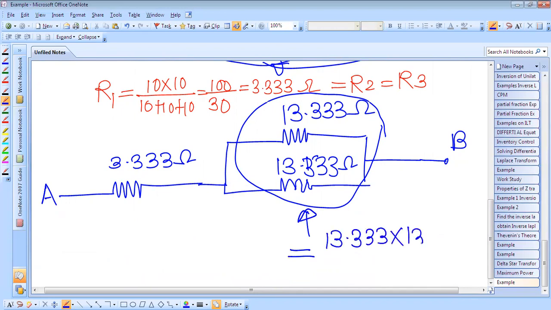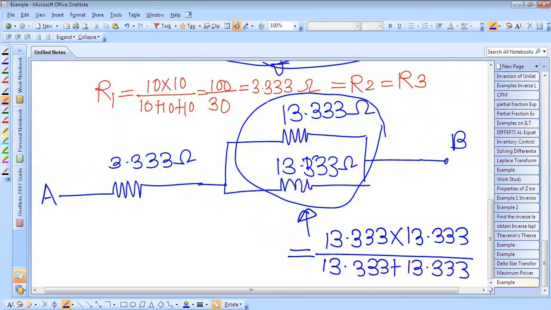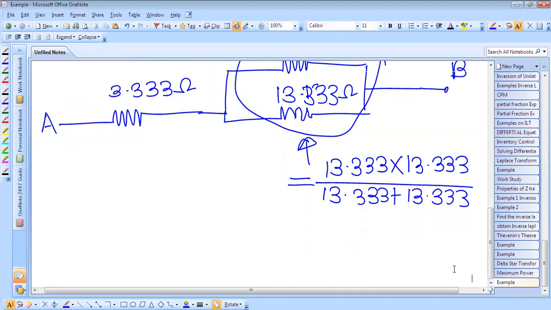13.333 into the 13.333 divided by 13.333 plus 13.333, and this is coming equal to 6.665.